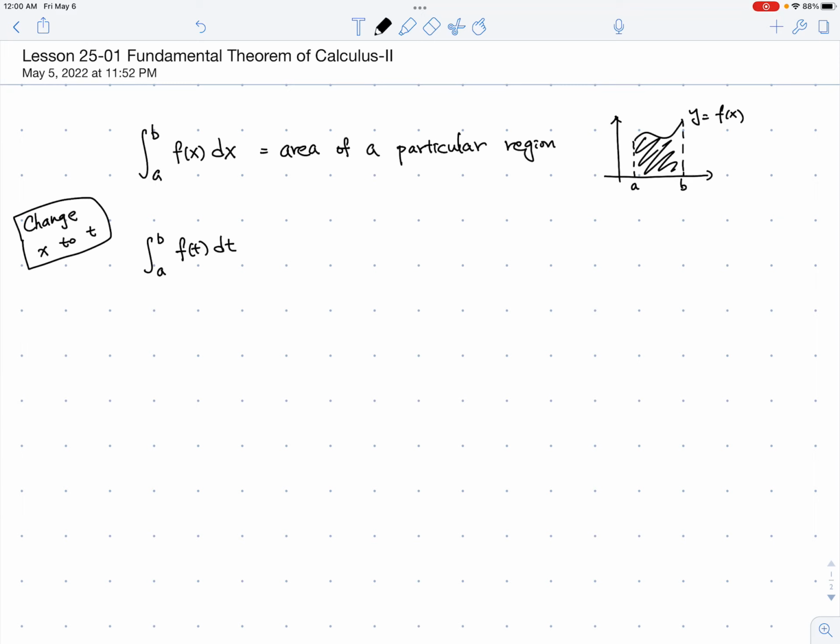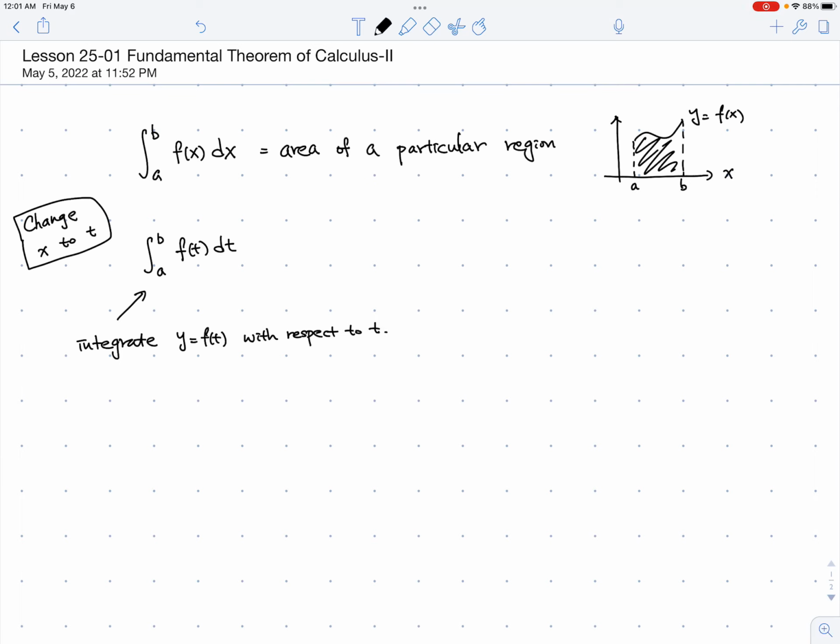So we can read this as: integrate the function y equal to f of t with respect to t.